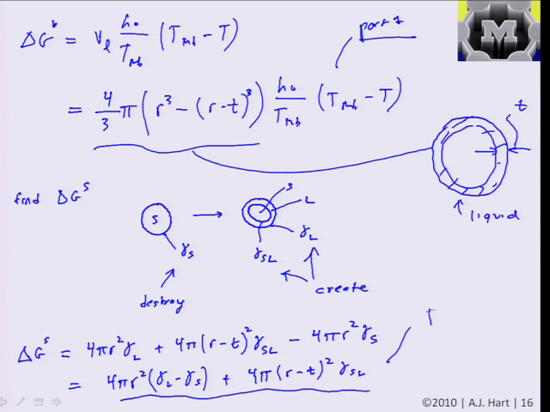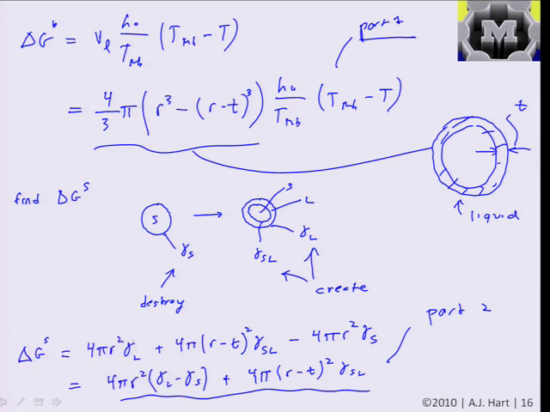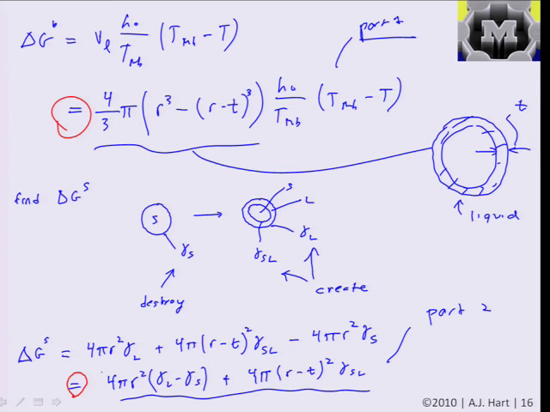And this is kind of our part 2. So now if we add this one to this one, we'll have an expression for the total free energy change, the bulk plus the surface. So now let's do that.